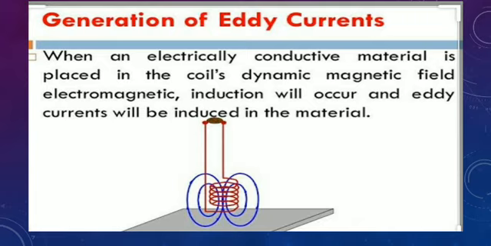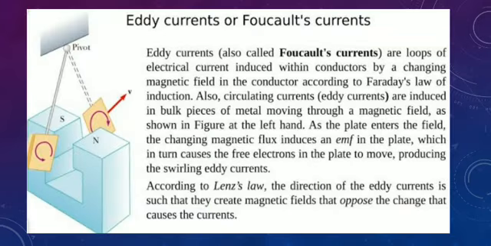Eddy current and Foucault current are both the same; another name for eddy current is Foucault current. In brief: eddy currents are loops of electrical current induced within conductors by a changing magnetic field in the conductor, according to Faraday's law of induction.